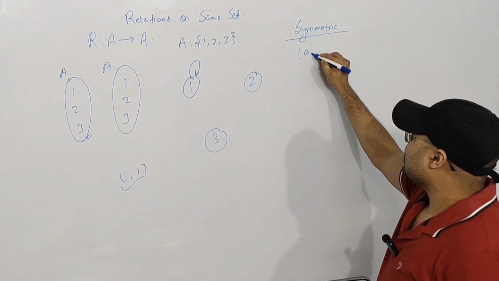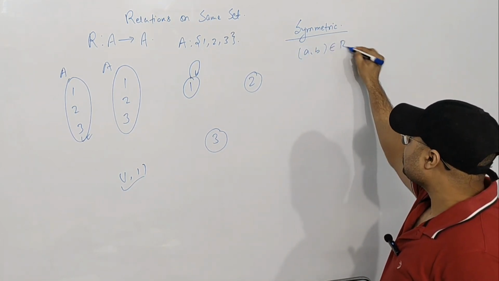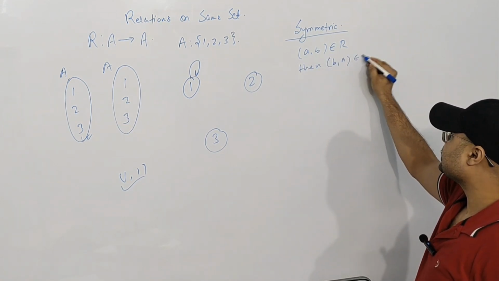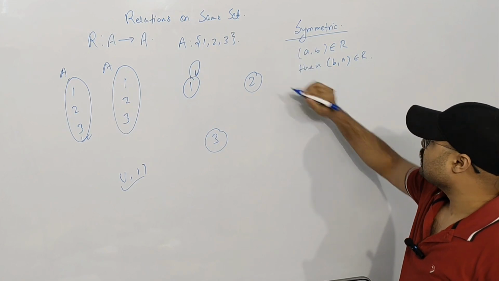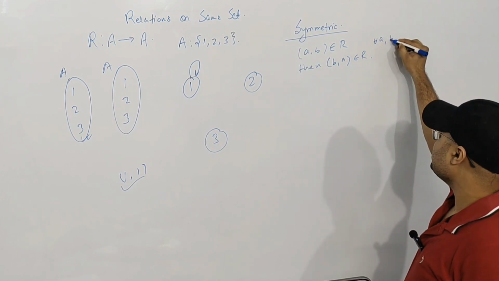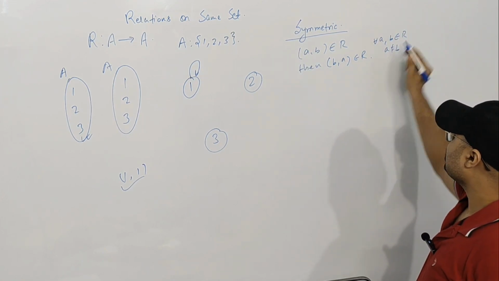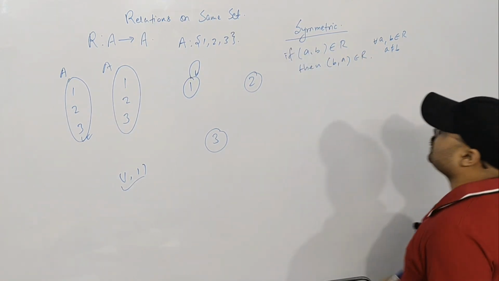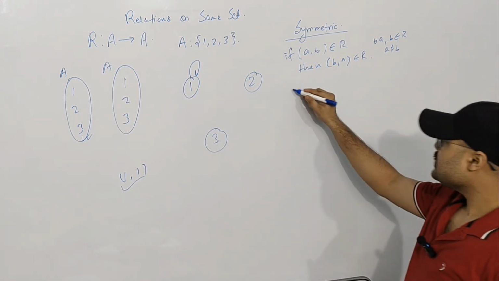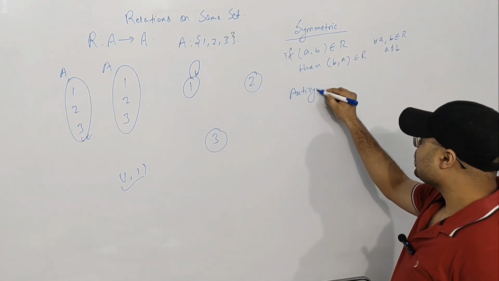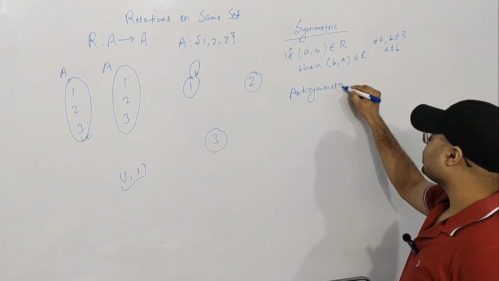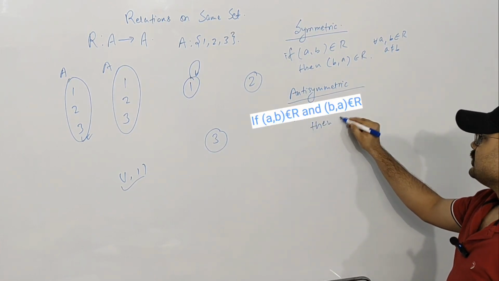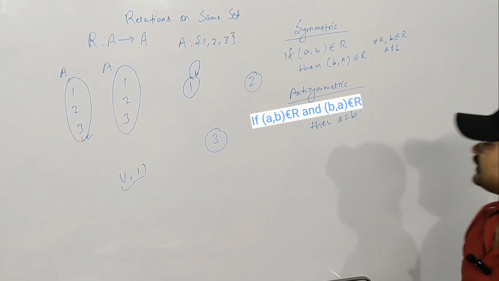Symmetric means that if a comma b belongs to R, then b comma a belongs to R, for all a and b belonging to R with a not equal to b. Okay, this is symmetric. And what is anti-symmetric? Anti-symmetric is then a is equal to b. This is anti-symmetric.